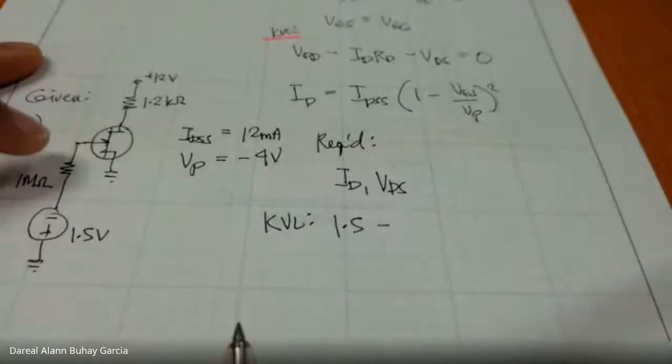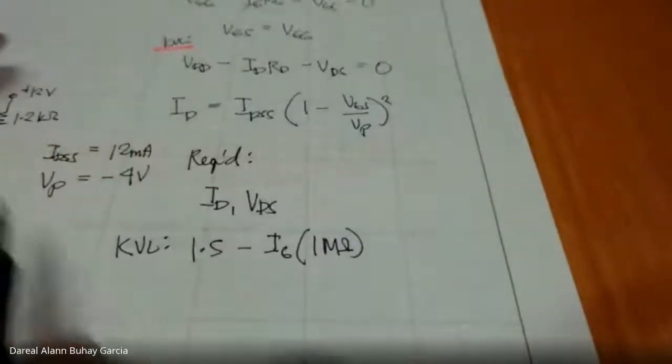1.5 minus 1 mega, that is IG RG, IG times 1 megaohm, minus VGS equals 0.